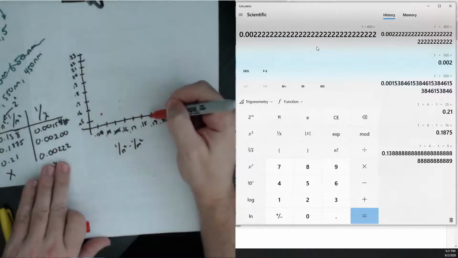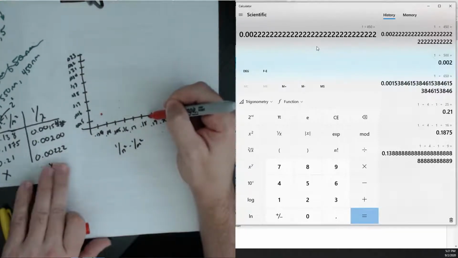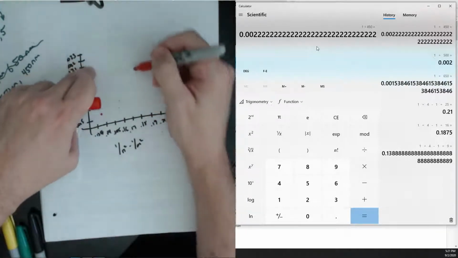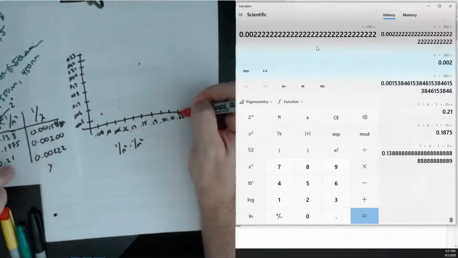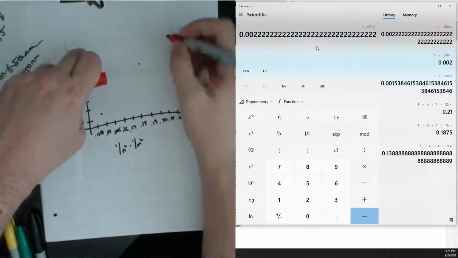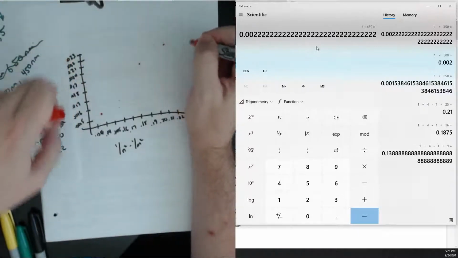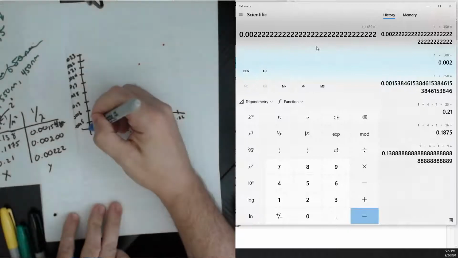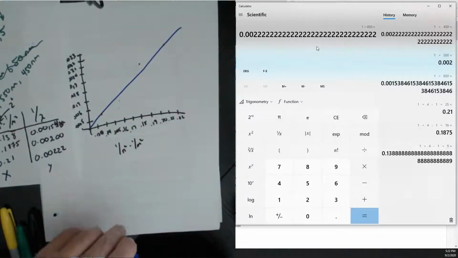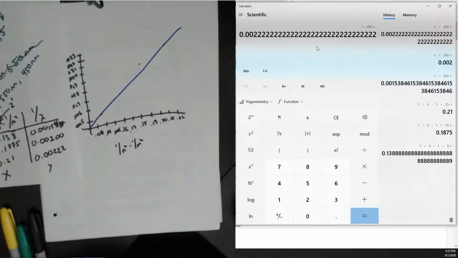And then 0.1875 and 0.002, so boom, and then 0.21, so exactly there, 0.222, so boom. Wow, that is a roughly straight line. Good for me. Okay, so now we have that. There's a little bit of noise in there. There's our line of best fit.